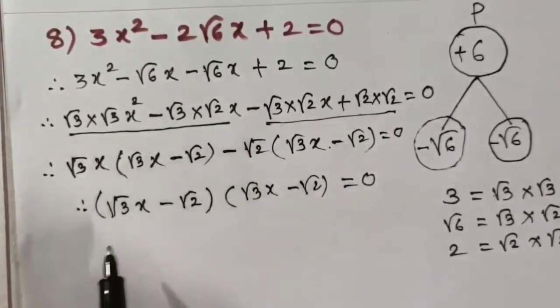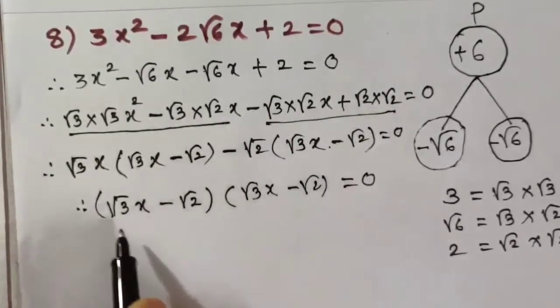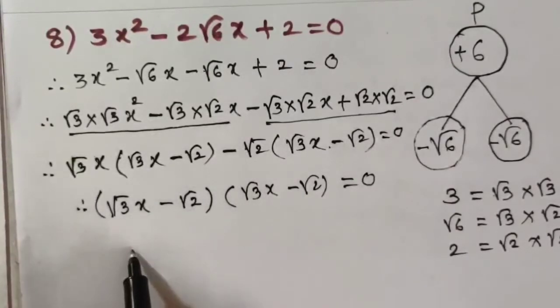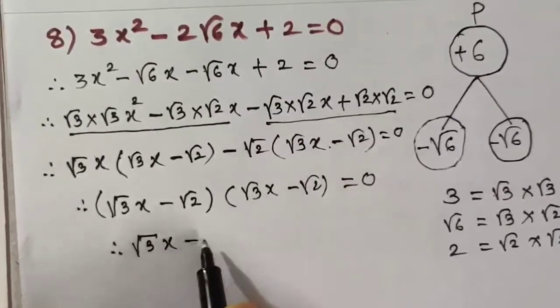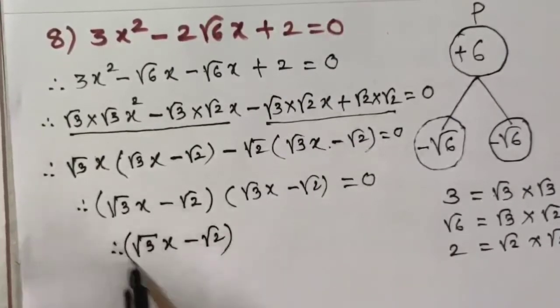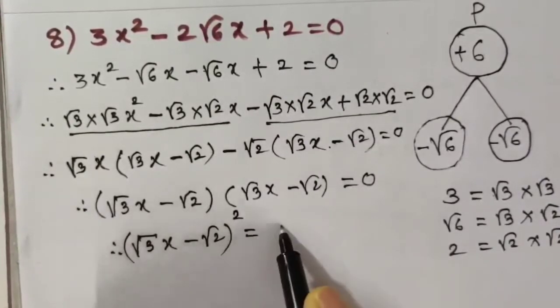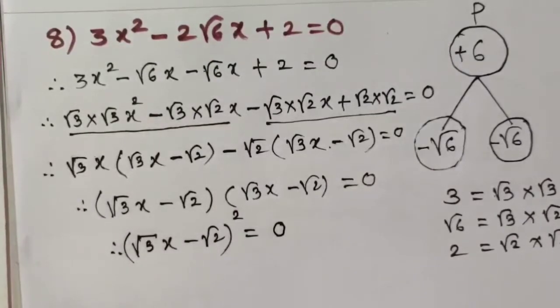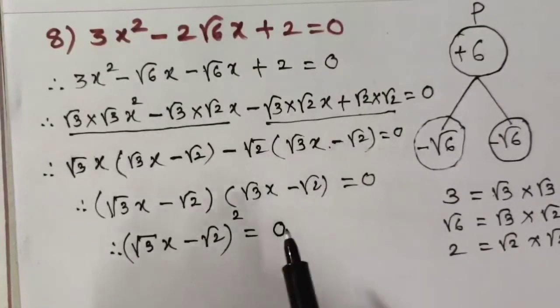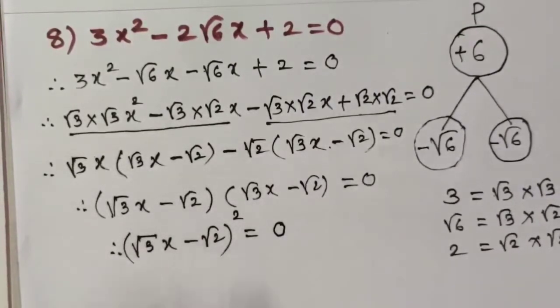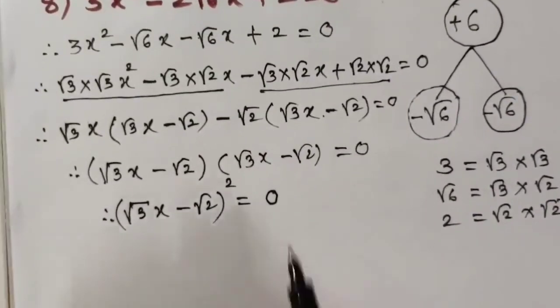Here see, a into a is a square, same bracket square means we get root 3x minus root 2 bracket square is equal to 0. So here bracket square is equal to 0. If a square number is there, then we get the two factors, minus and plus, because every square has two square roots, positive and negative, but here it is 0.